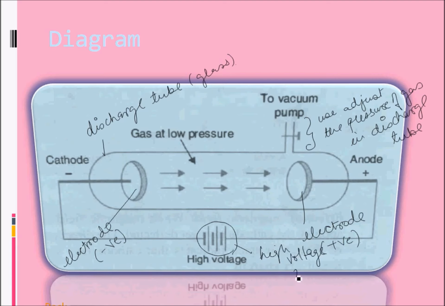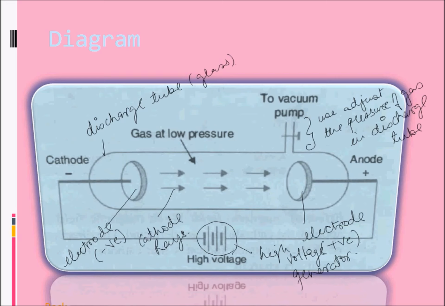The straight lines you see here are the cathode rays.